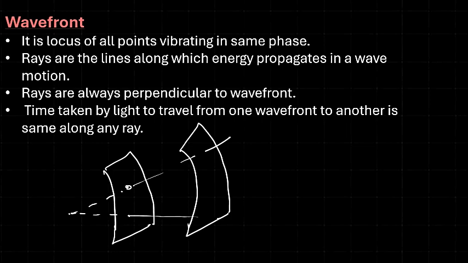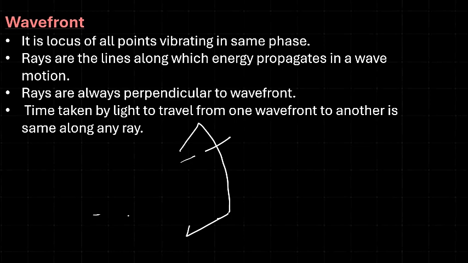So the time taken from one wavefront to another wavefront through any ray is the same. In between, the medium may vary, but the time taken from one wavefront to another through any ray is the same. So that also means that the optical path from one wavefront to another wavefront through any ray is also the same.